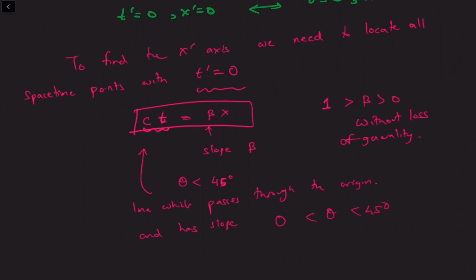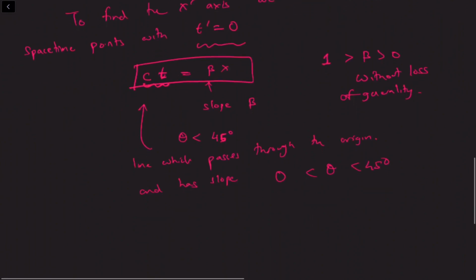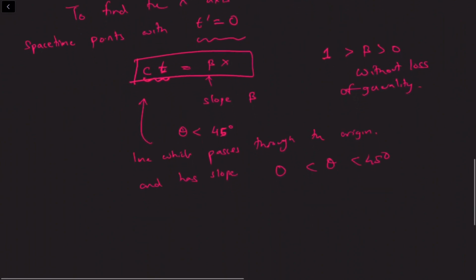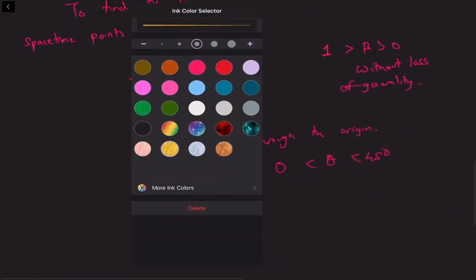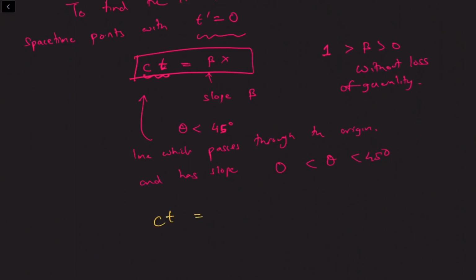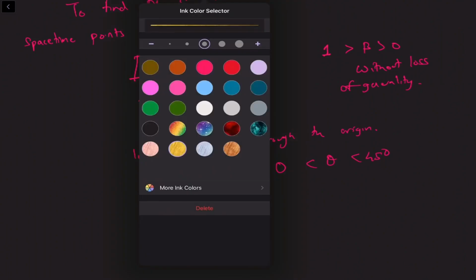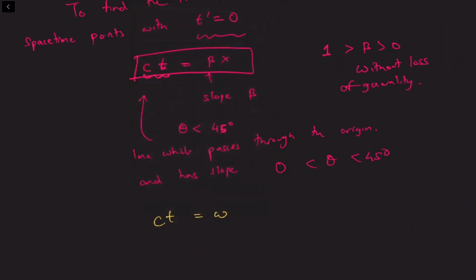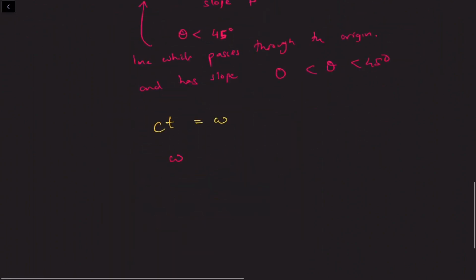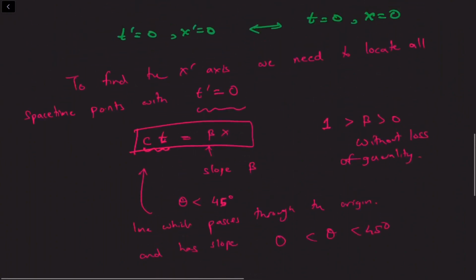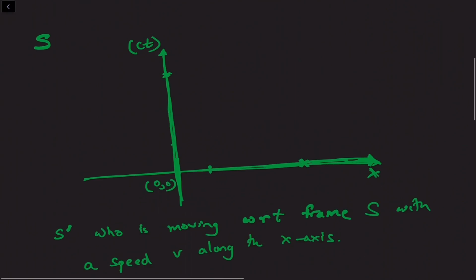If you're slightly confused about using c times t, you can just define c times t as w, and then this line is simply w as the y coordinate on our graph, and x as the x coordinate, and therefore this is a line where beta is the slope. So let's go ahead and draw that line.